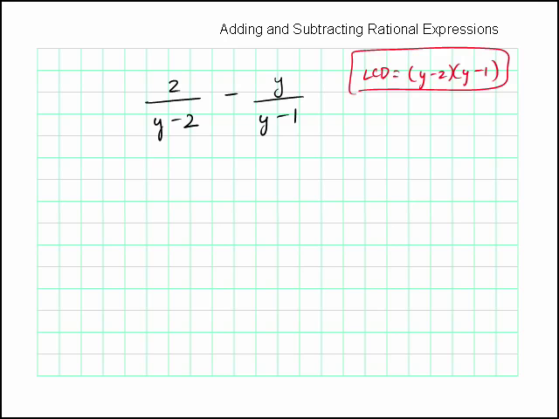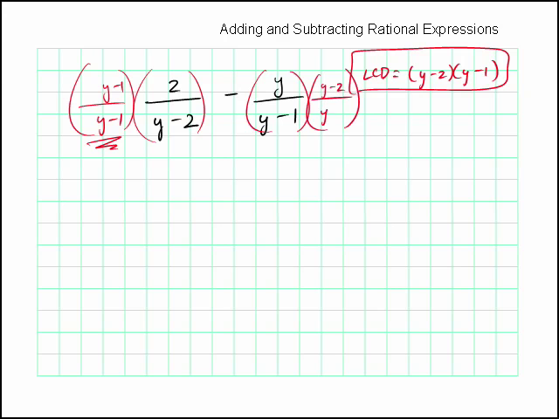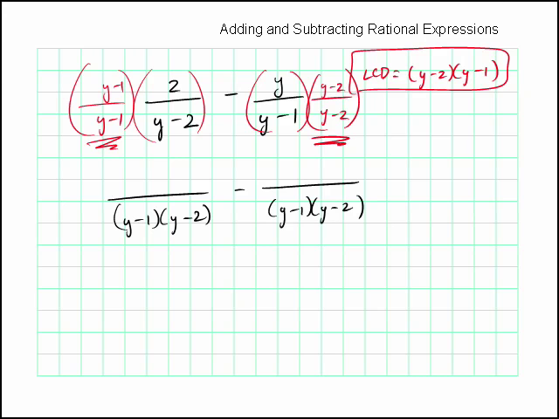That means I'm going to have to take this fraction and multiply it by y minus 1 over y minus 1, and this fraction will have to be multiplied by y minus 2 over y minus 2. That gives me the common denominator of y minus 1, y minus 2 under each one. Like that.